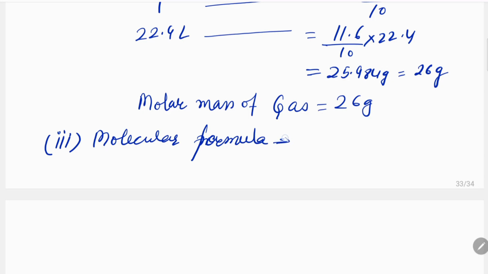To calculate the molecular formula, we must know the mass of the empirical formula. The empirical formula mass is equal to, it was CH, right? So the mass of carbon is 12 plus the mass of hydrogen is 1, that is 13 units.